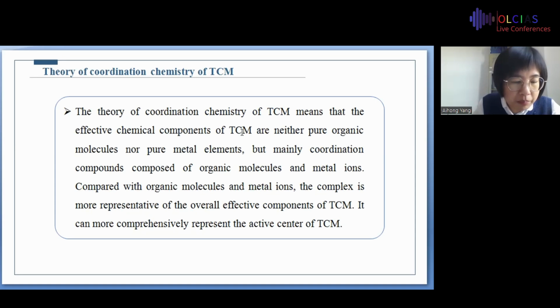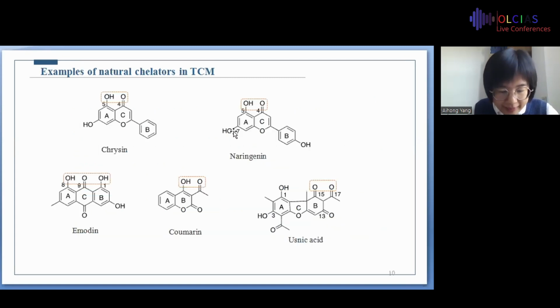It can comprehensively represent the active center of TCM. The theory is based on the fact that the structure of the active components of TCM mostly contain chelating groups such as hydroxyl and carbonyl groups, which can coordinate with metal elements in the organism to produce special pharmacodynamic functions.